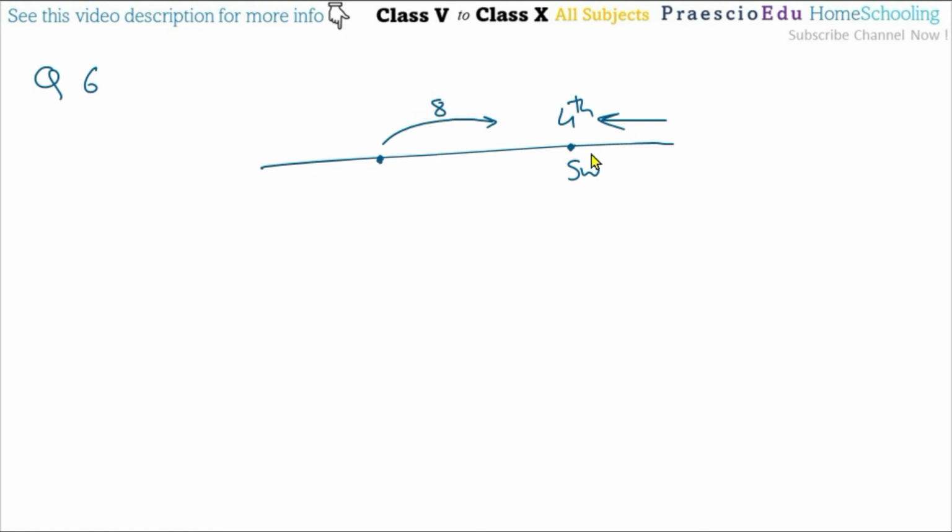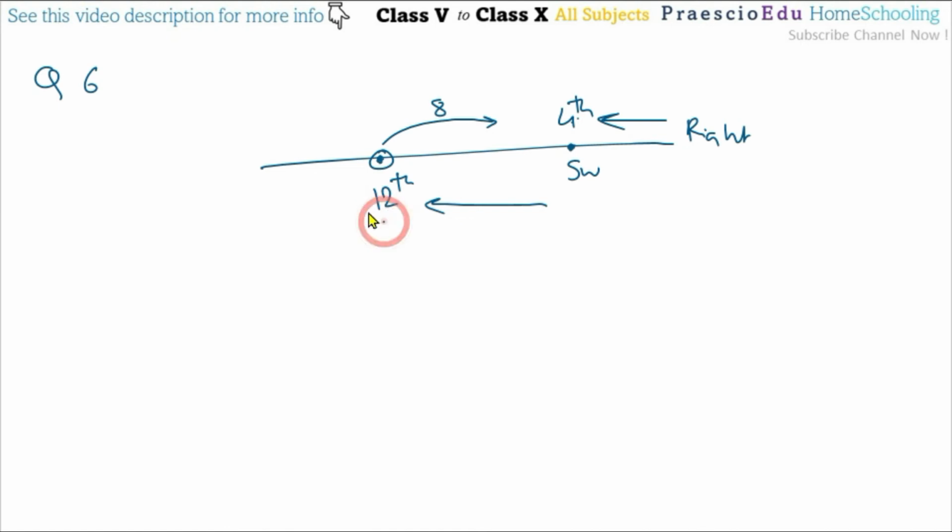After this shifting she occupied this position, and from the right end she is now at the 4th place. So 4 plus 8, that is the 12th place, which is before the shifting. So from the right, the 12th place is the initial place. But the question asks which place from the left she was standing in the beginning.